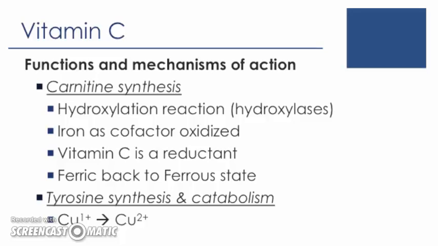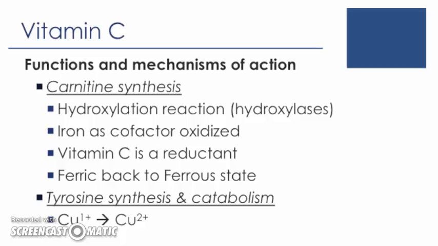So for tyrosine synthesis, we have involvement of iron as a cofactor, and we learned previously that tyrosine is synthesized from phenylalanine. To convert phenylalanine to tyrosine, we have phenylalanine monooxygenase, and the phenylalanine monooxygenase is iron dependent. So in the synthesis of tyrosine, iron acts as the cofactor.